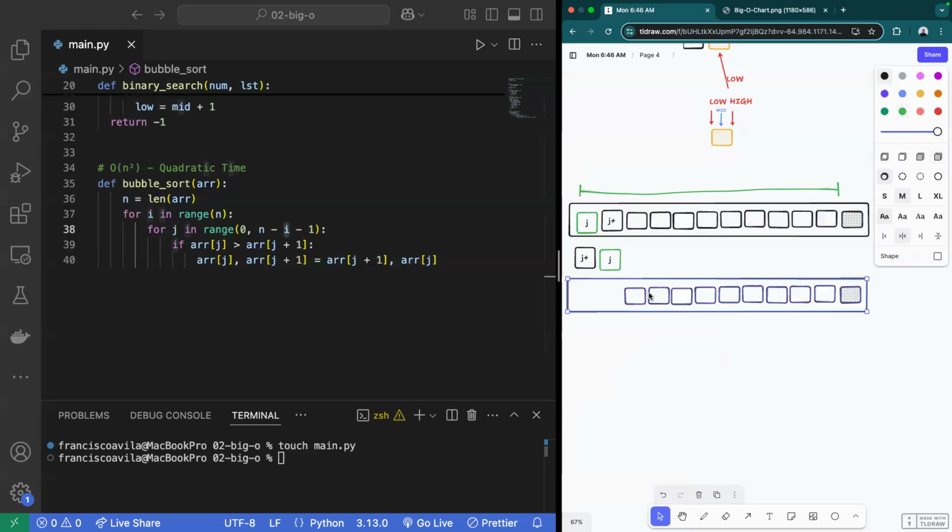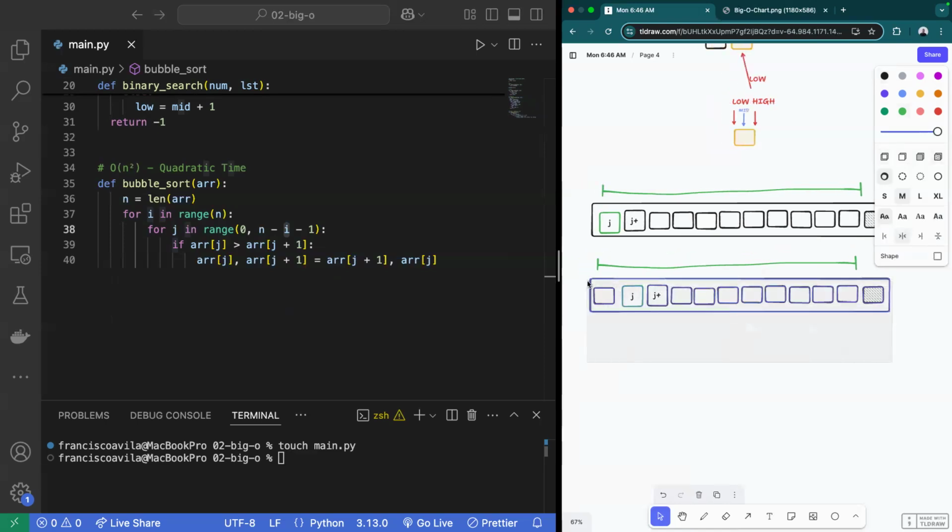And then a copy of this list falls through, and then it repeats the same process. It goes through yet again, where now j is represented by the next index, and j plus 1 is the one right next to it, and continues moving forward over and over again.